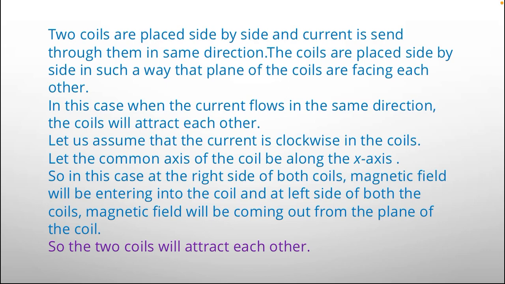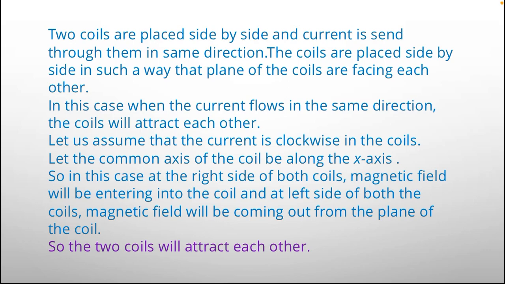So the explanation includes that two coils are placed side by side and current is sent through them in the same direction. The coils are placed side by side in such a way that the planes of the coils are facing each other. In this case, when the current flows in the same direction, the coils will attract each other. Let us assume that the current is clockwise in the coils, and that the common axis of the coils is along the x-axis.